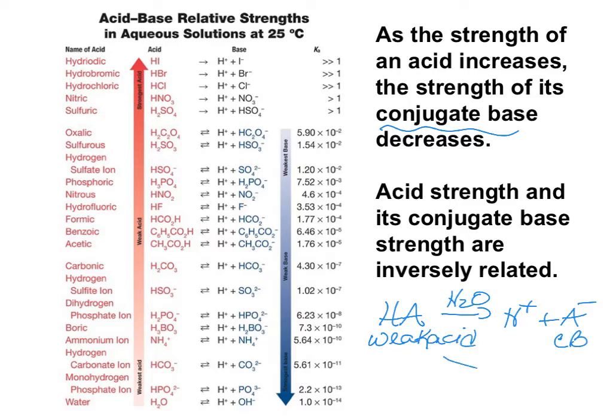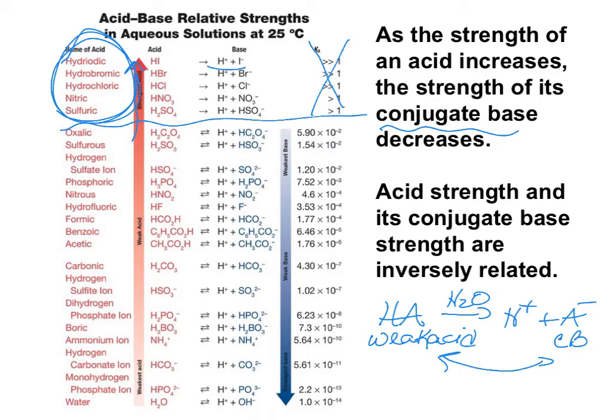There's a relationship between the strength of these two, and this chart shows it beautifully. All of these are termed strong acids. These are 5 of the 7 or so strong acids which dissociate 100%, and that's why, for all practical purposes, they don't have Ka values, because they completely dissociate. So we'll ignore those for now.